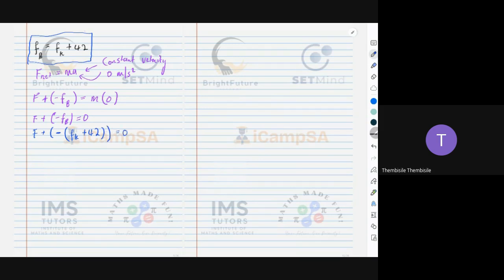I can play with this now. So I can just say F minus Fk minus 42 equals 0. Okay, so I can choose whichever I want. So I can end up with F minus Fk equals 42. Okay, and let me say this is my equation 2.